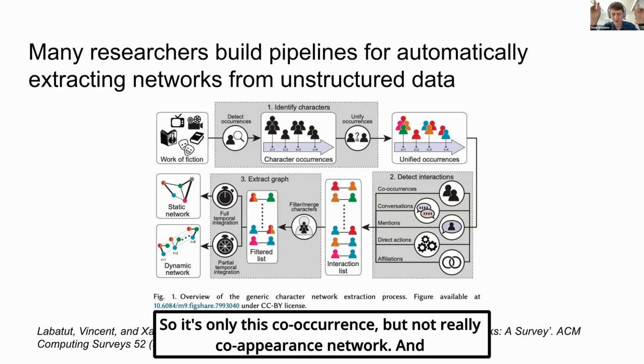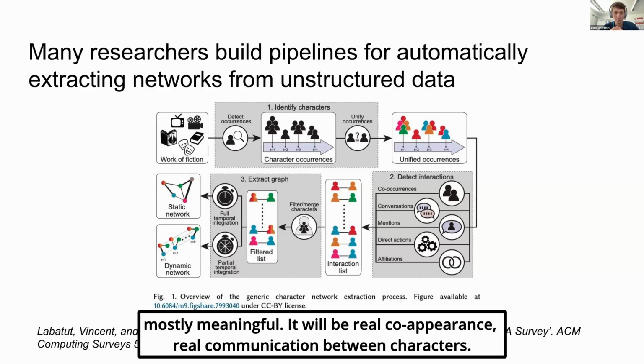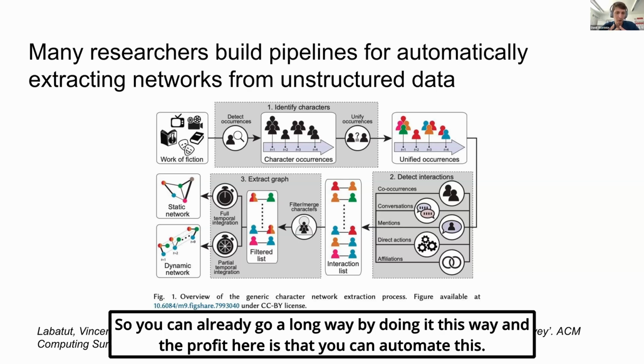So it's only co-occurrence, but not really a co-appearance network. And yet, if you do that to a big novel, most of the connections will be meaningful. It will be real co-appearance, real communication between characters. So you can already go a long way by doing it this way.